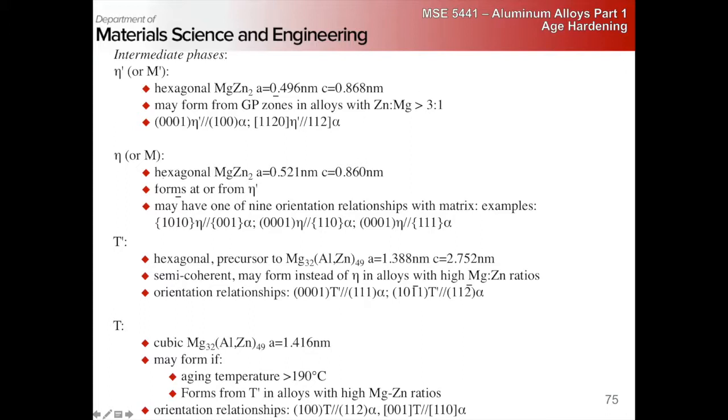If it's not, it'll nucleate heterogeneously. Other places, eta is going to form at or from the eta prime, right? And eta is interesting because it has a whole set of orientation relationships.